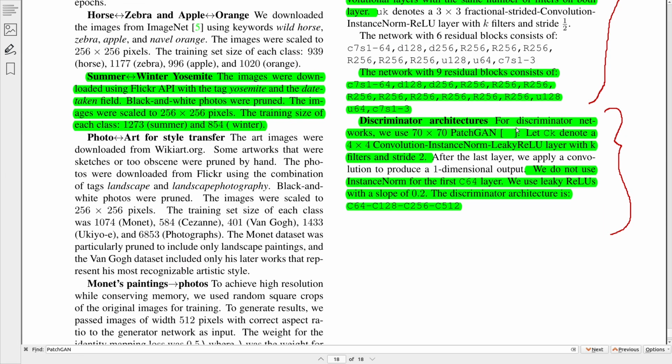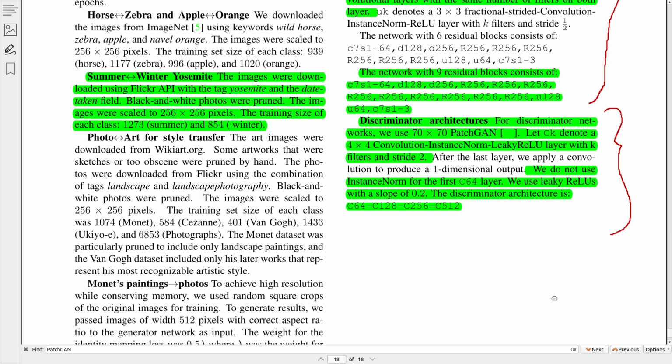And about the discriminator architecture, for discriminator networks we use a 70 by 70 PatchGAN. Let Ck denote a 4 by 4 convolution, instance norm, leaky ReLU layer with K filters and stride 2. And also we do not use instance norm for the first C64 layer.